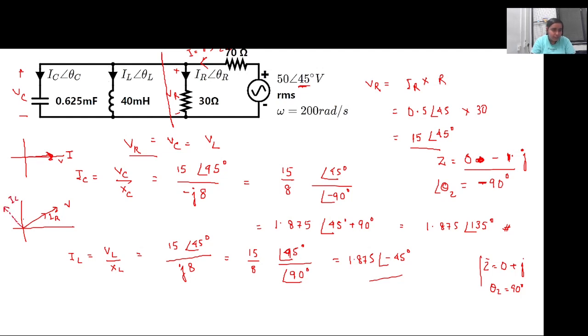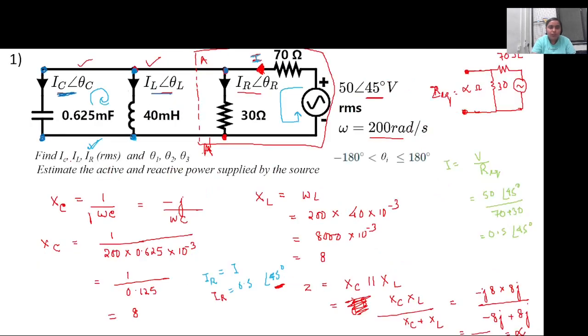IC will be somewhere around this direction, and IL will be along this direction, depending on whatever the angle is. In this case, it is 135 degree for IC, 45 degree for IR, and minus 45 degree for IL. So this is how you can also recheck your calculation to see if everything is fine or not.